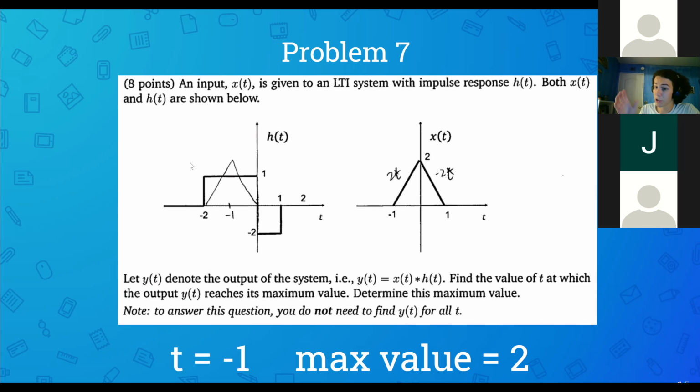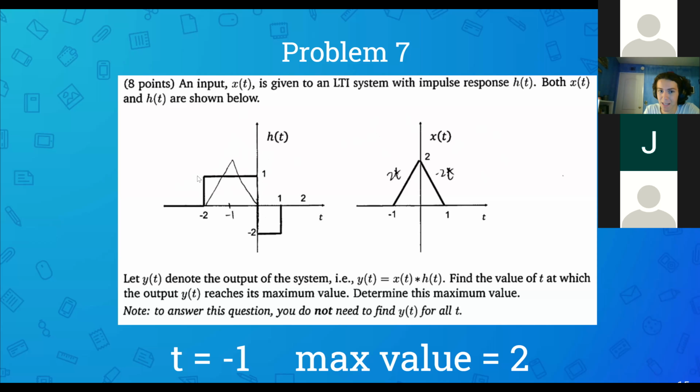The ultimate operation of convolution, remember, is multiplying those two functions together and then taking the area. So when x of t plus 1 appears here, h of t and x of t plus 1 are going to multiply pointwise. Essentially you're multiplying x of t plus 1 by just 1 over this whole section.